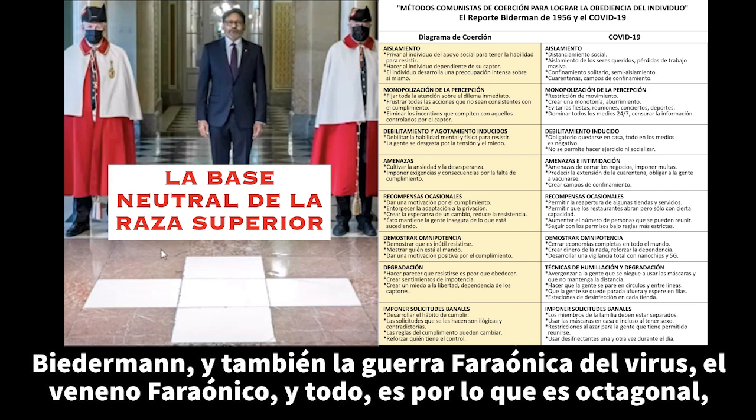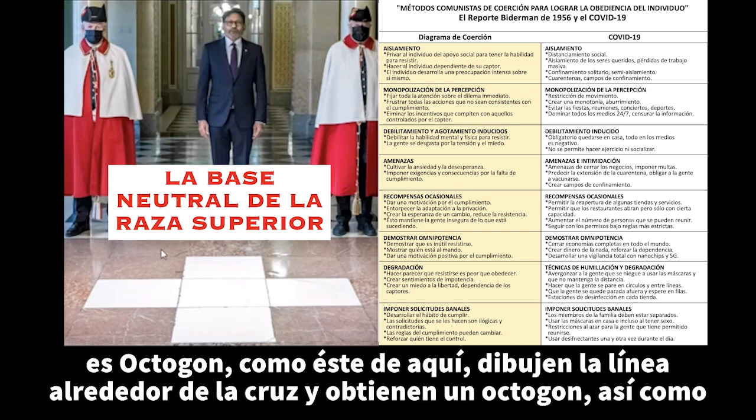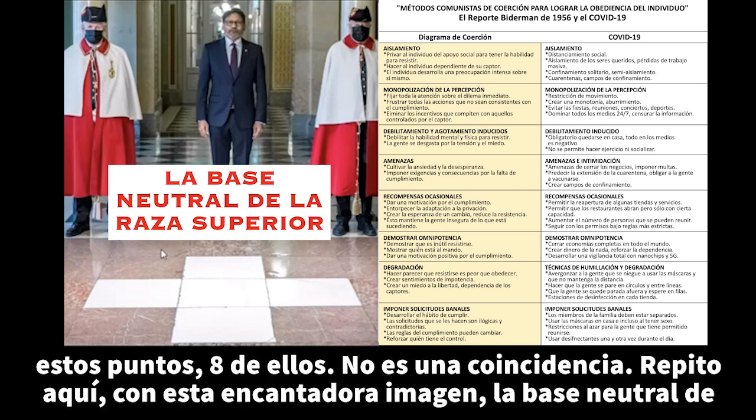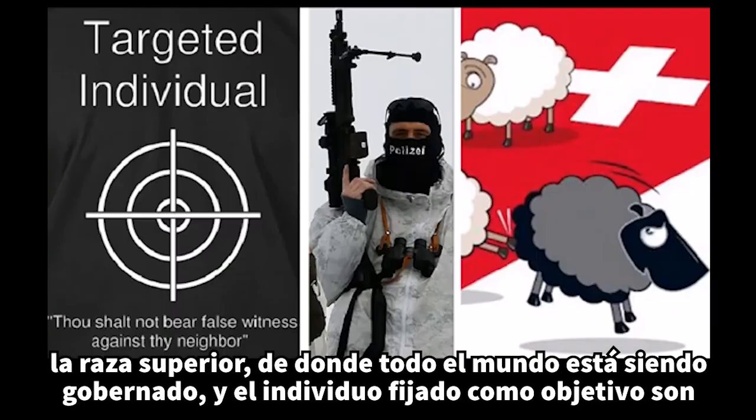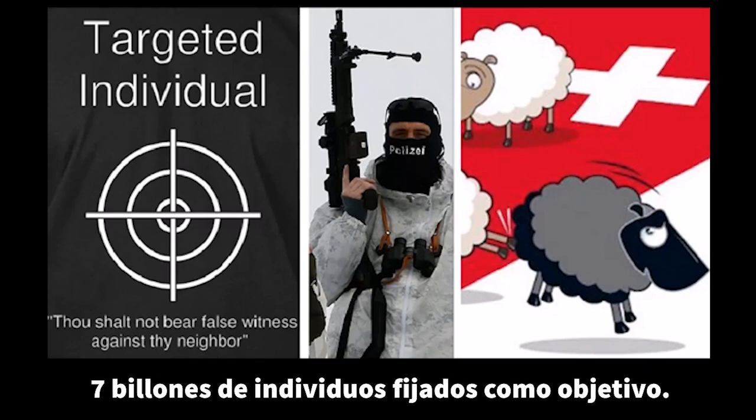That's why it's octagonal. It's an octagon, like this one here. You draw a line, you get an octagon, just like these, 8 of them. That's not a coincidence. So I repeat here with this lovely image, the neutral base of the master race, out of where the entire world is being ruled, and the targeted individual, that's 7 billion targeted individuals.